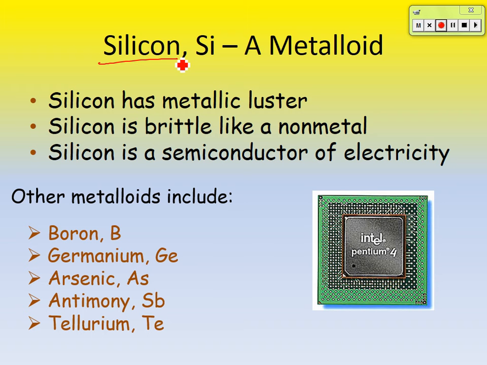Why? Guys, why do they call it Silicon Valley? Yeah. What is this right here? Yeah, computer chip, processor. What's it made out of? Silicon. How come? It's a semiconductor.